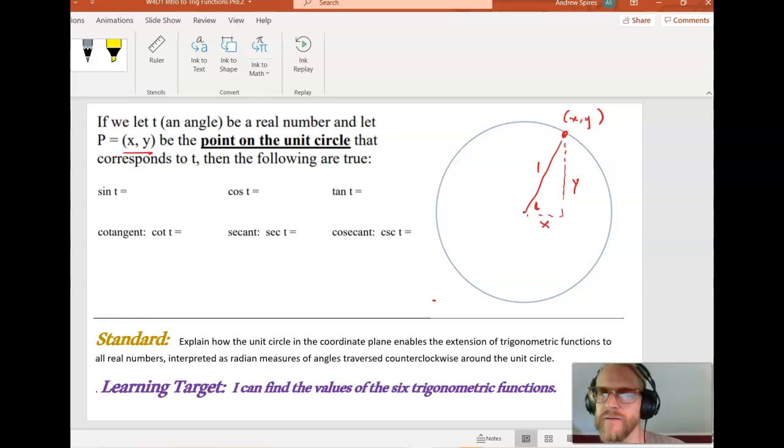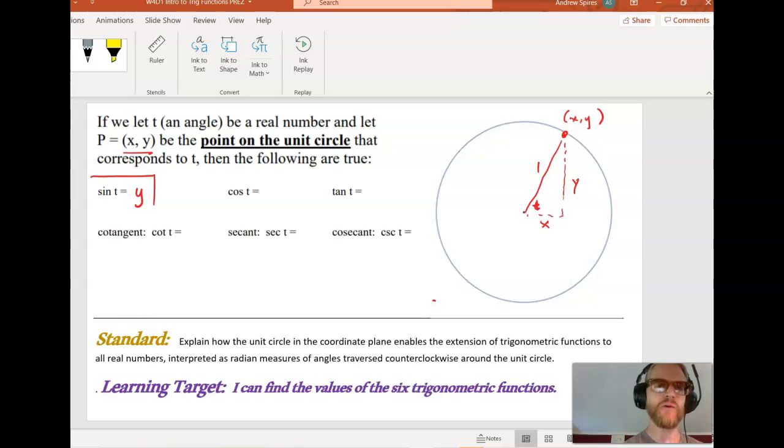Sometimes it's theta, sometimes it's t. Lots of different ways to define that. But sine of t, sine is opposite over hypotenuse. y over 1. So it's just y.